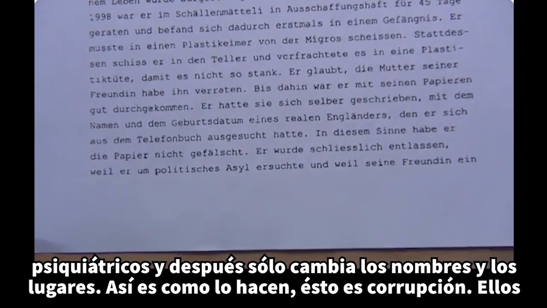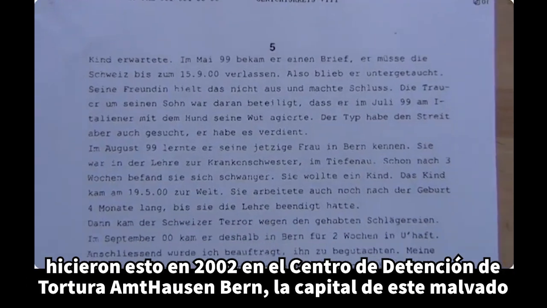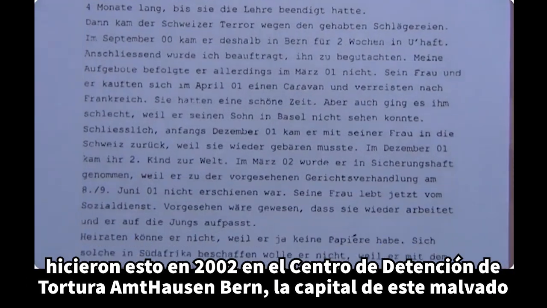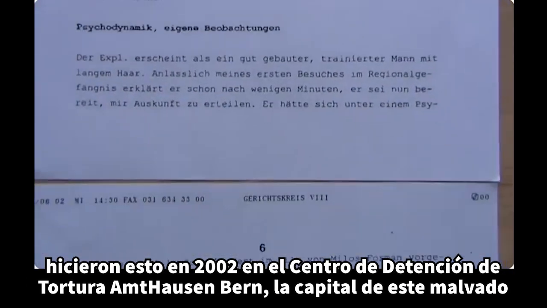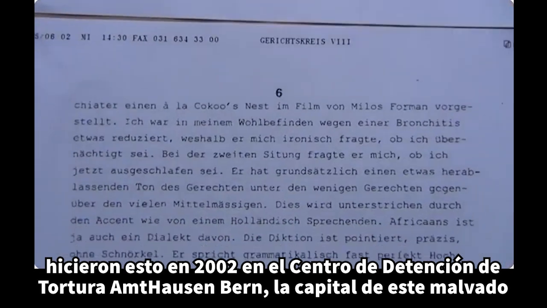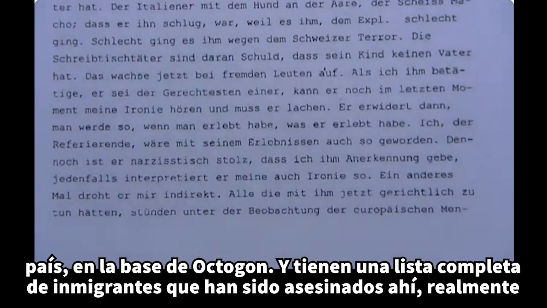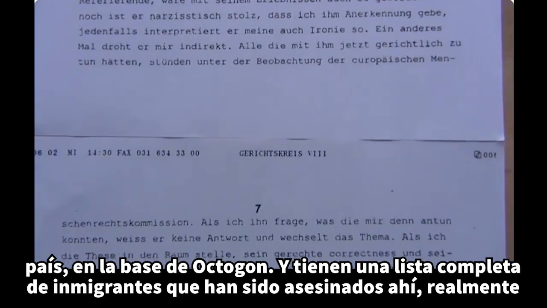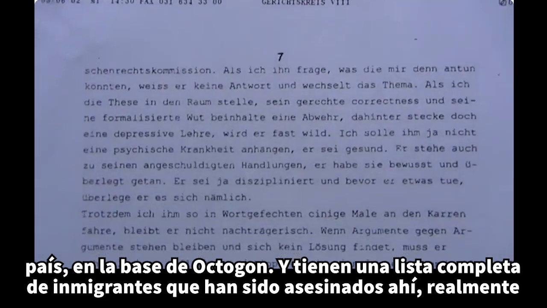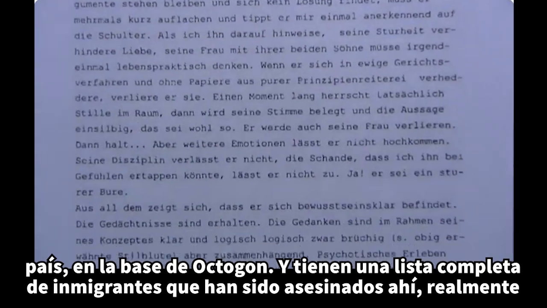This is corruption. So they did this in 2002 in the torture detention center Amthaus in Bern, the capital of this evil country in the base of Octagon. And they have a whole list of immigrants who had been murdered there. Real many.